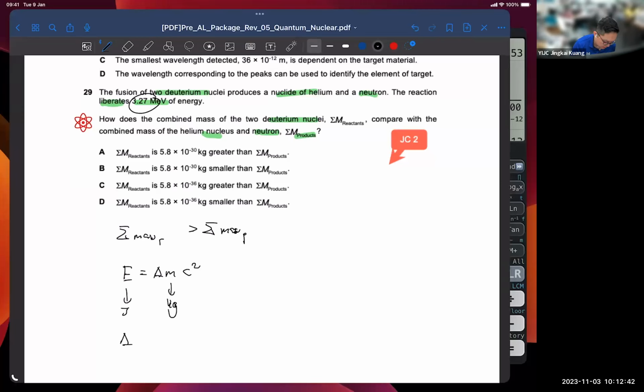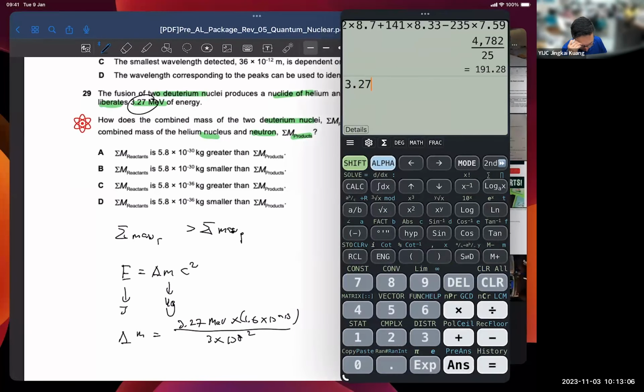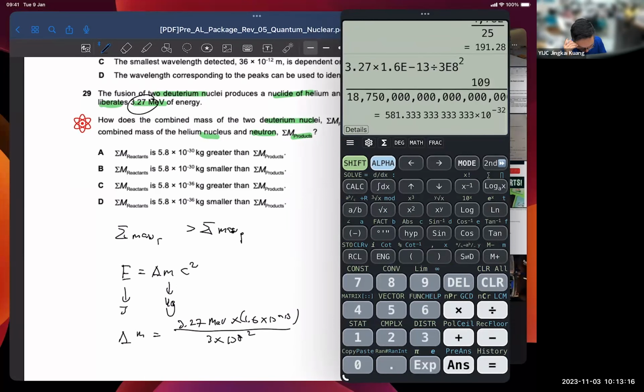So find delta m. Delta m equals 3.27 MeV times 1.6 times 10 to the negative 13, divided by 3 times 10 to the power 8, squared. They want it in kg, so we don't have to convert again. Calculating it out, this is 5.81 times 10 to the negative 30.